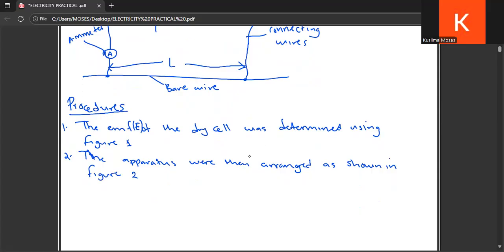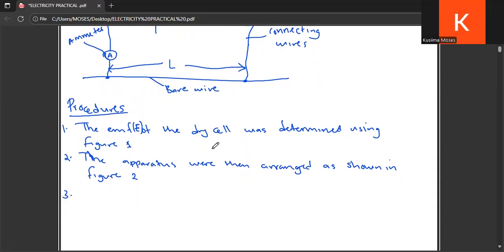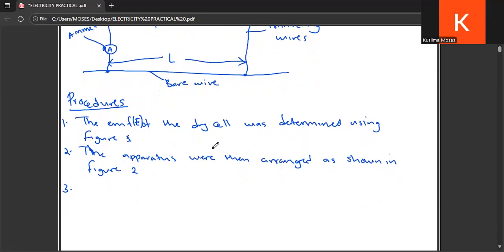Now from there, what follows is our length, starting with the distance L equaling 10 centimeters.